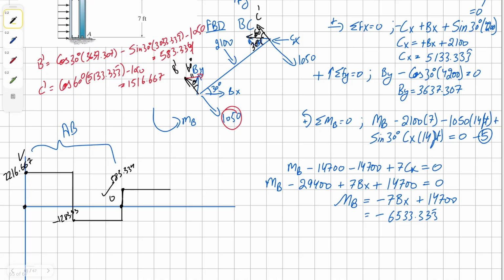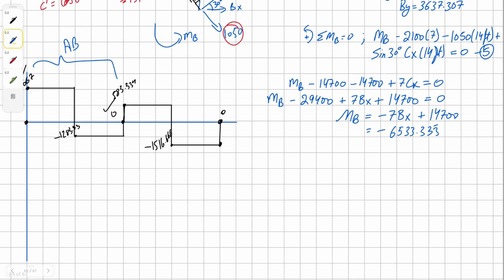And then we get pushed down 2100 pounds, which takes us to negative 1516.666. Again, nothing's going to happen for next 7. And at that point, C prime is going to push us upward to the zero mark.